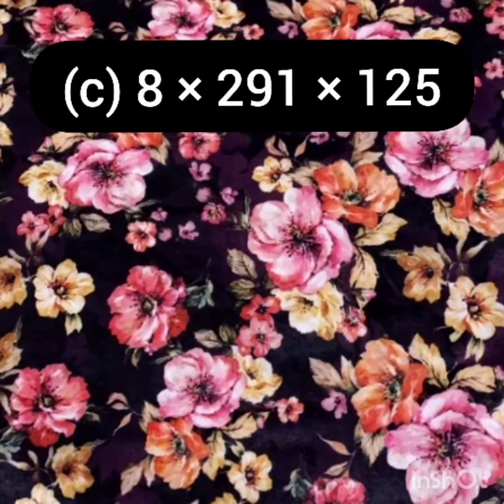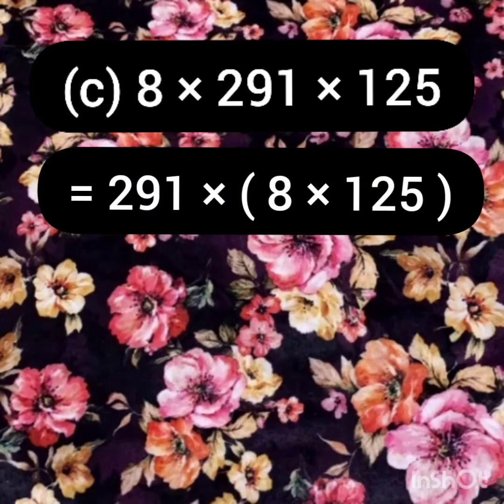C. 8 into 291 into 125. Now let's make a group of 8 and 125 for our convenience.